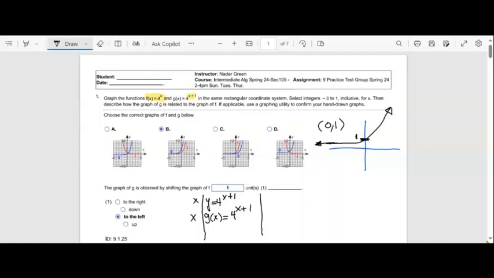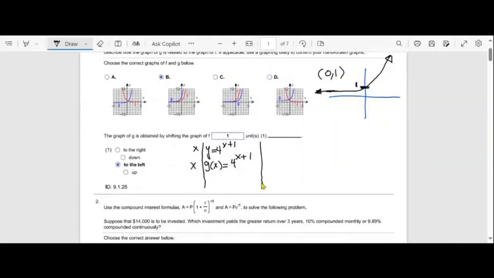And then we're going to construct a table, right? And we put values. So for the first value, let's put for x the value of 0. 4 to the power of 0 plus 1, what does it give you?